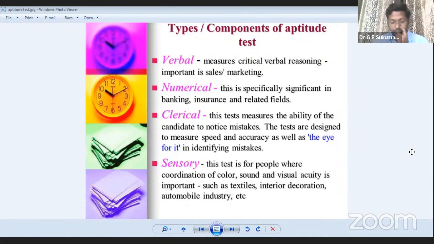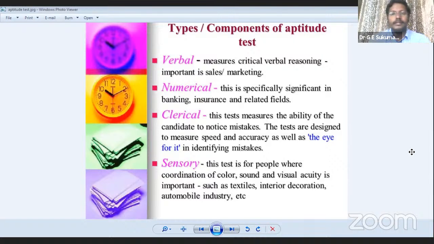Aptitude can be defined as an inclination, a tendency, or a natural ability, capacity for learning and general suitability, and this can be improved with training. There are different components of this aptitude.